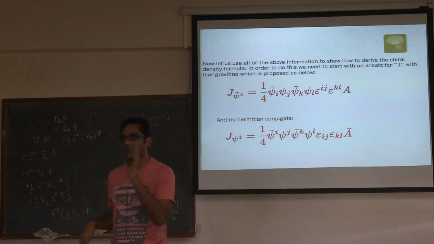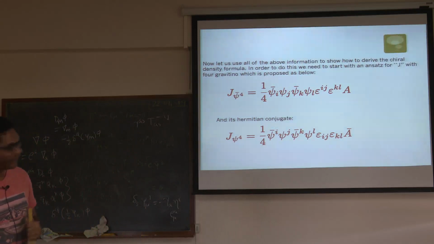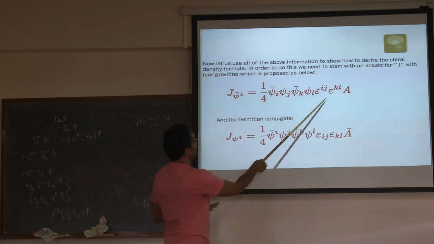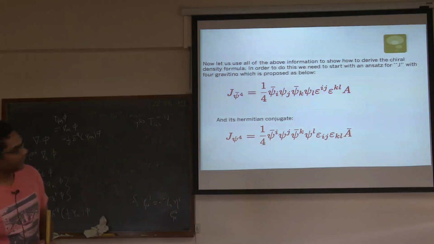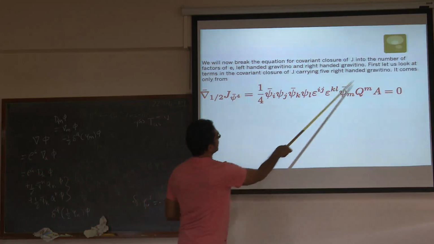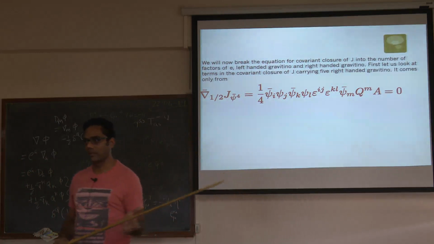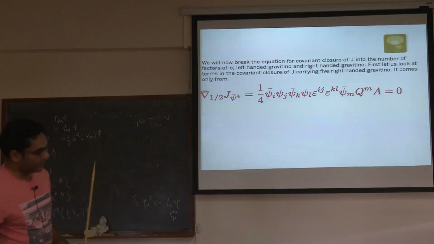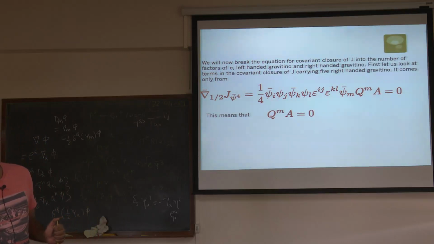But I'm interested in del of J, which has 5 right-handed gravity nodes. So that will only come if delta bar half acts on this. So delta bar half acting on that is this, and this thing has to be 0, because this is the only place it is coming from. So this has to be 0, which means A has to be invariant under right supersymmetry.